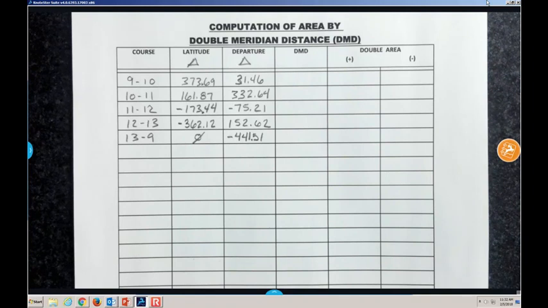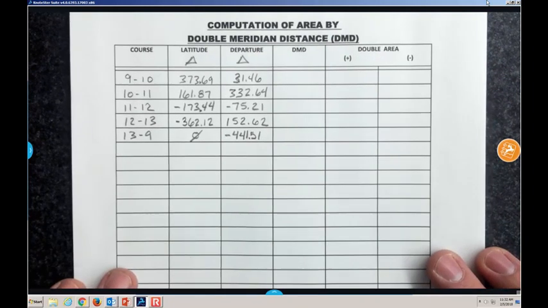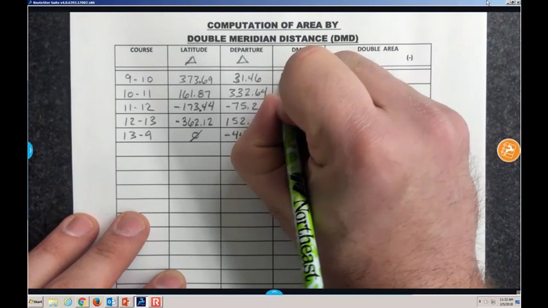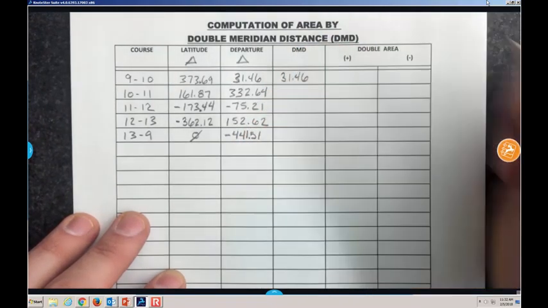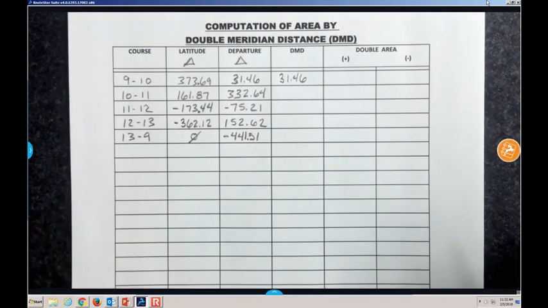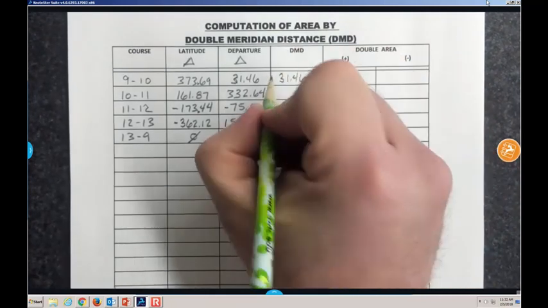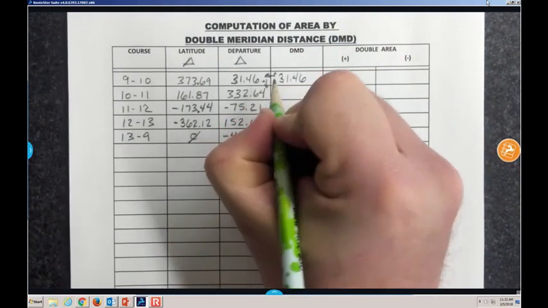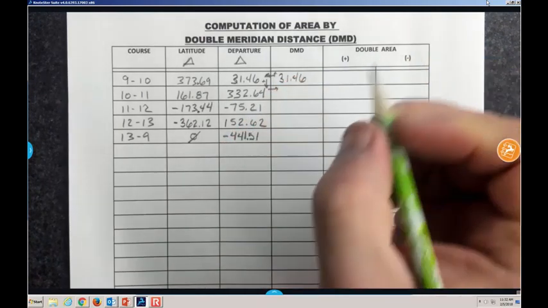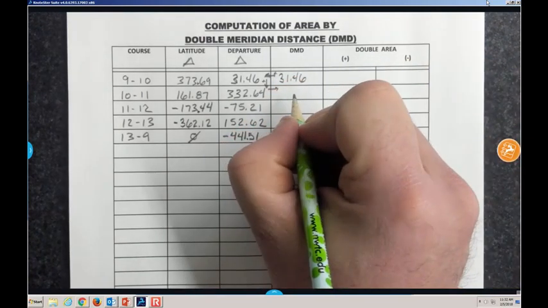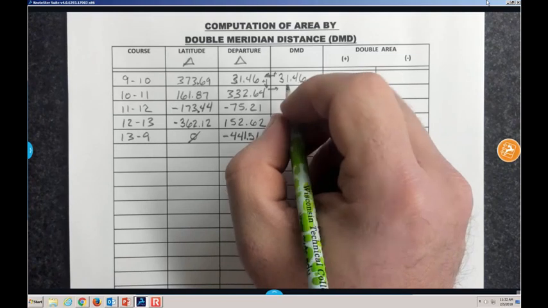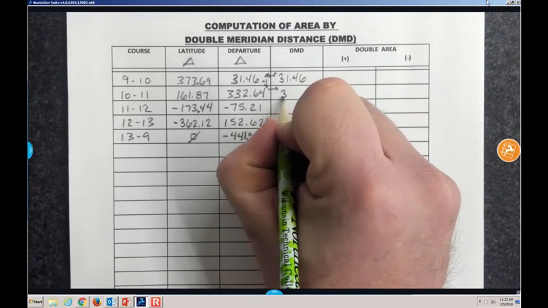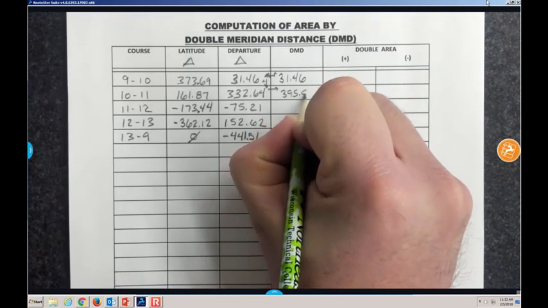All right, what's the DMD? 31.46. All right, let's go through the process and figure out all our DMDs. We'll go this way. So 10 to 11, what's our DMD? 395.56.